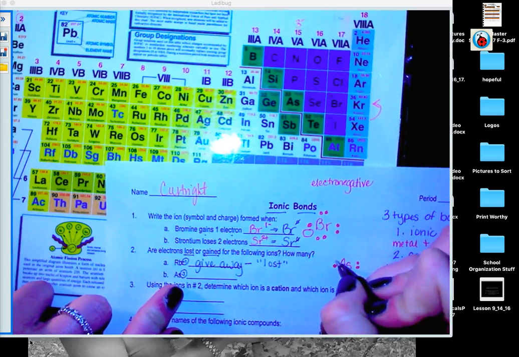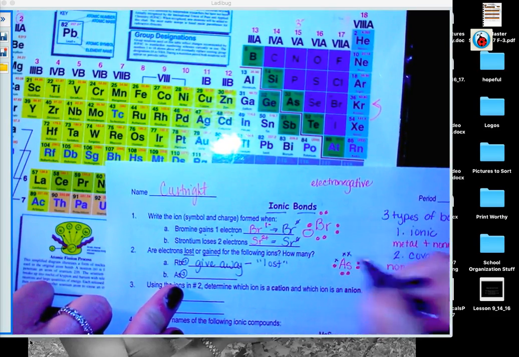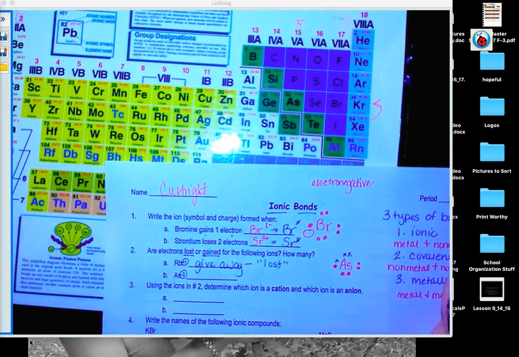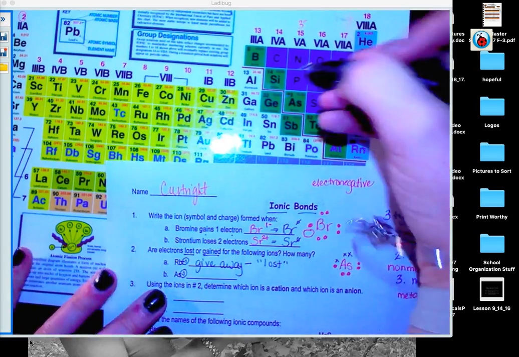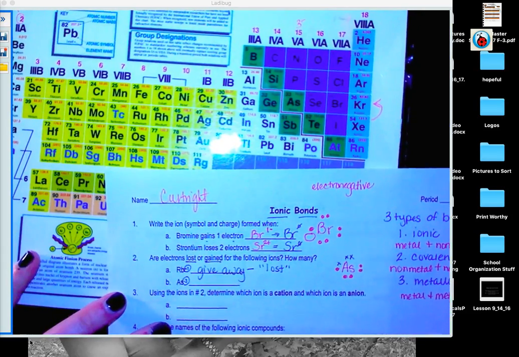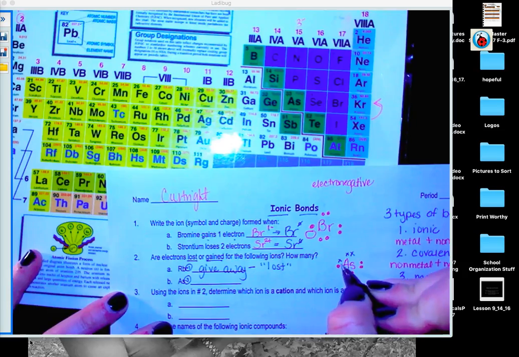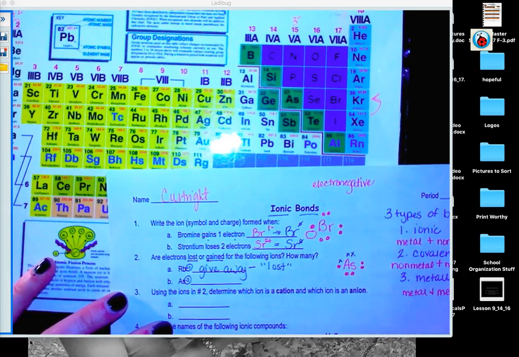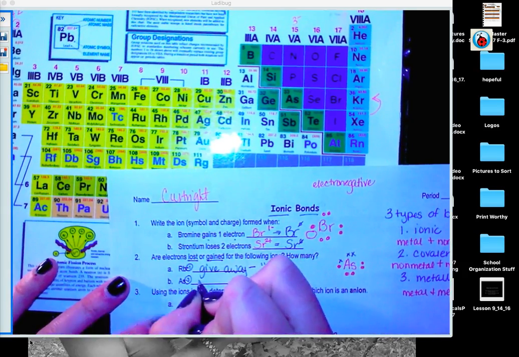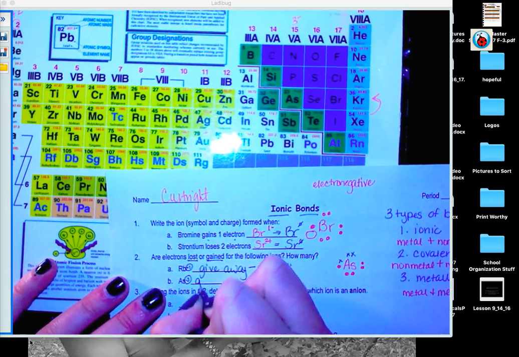That means that it would love to have one here, here, and here, but it doesn't. And that's just kind of to review what that looks like to you guys because it's been a little while. So this has a -3 charge. It has a -3 charge. So is it going to be looking to pick up and gain electrons, or is it going to be looking to throw them away? And this one is going to be gaining.